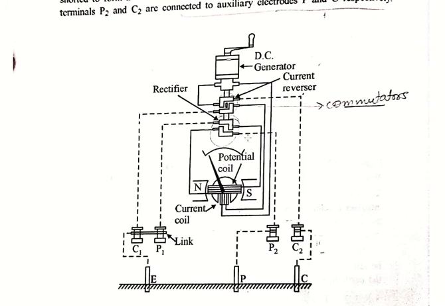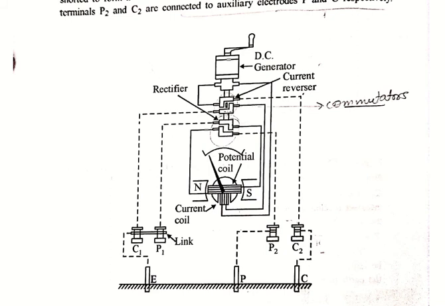Okay, so here it's a PMMC type arrangement. The potential coil is connected to this rectifier terminal, and the current coil terminals are connected to the DC generator and to the current reverser.